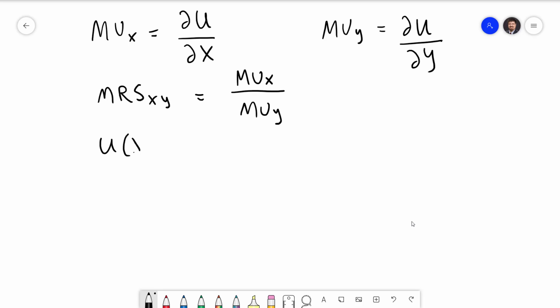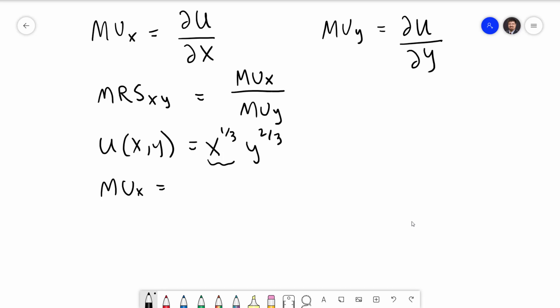Our utility function is u of x, y equals x to the 1/3 y to the 2/3. For the marginal utility of x, we take the partial derivative with respect to x. When we take the partial derivative, we treat y as a constant. So y to the 2/3 just comes along for the ride, and we can just focus on the derivative of the x portion of this. Don't be afraid when we see fractional derivatives.